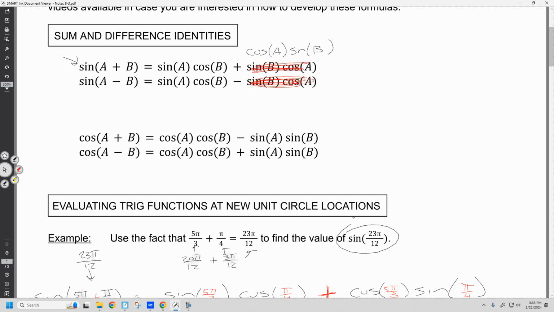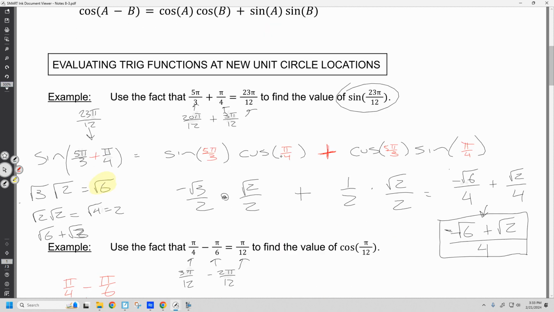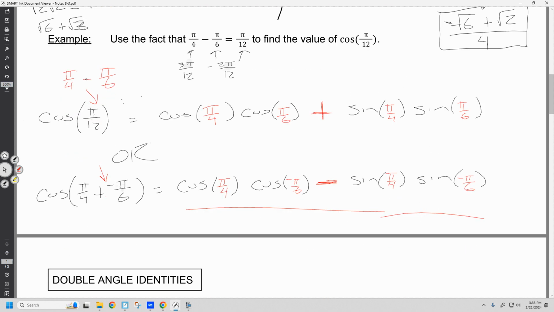The sine flips. Okay? I showed you in the example, you could flip the sign from a minus to a plus, because that's what you have to do. Thank you, Greeks, for proving it. We're not going to get into that, but you can find the proofs online if you want to.